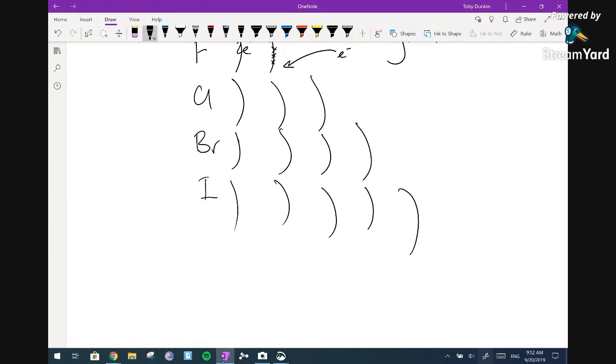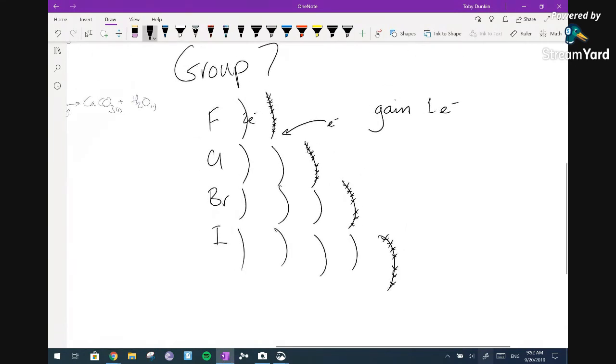And all of them have 7 electrons in their outermost energy level. They all have 7. What that means is every single one of them is going to do the same thing. They're going to gain 1 electron to become full.